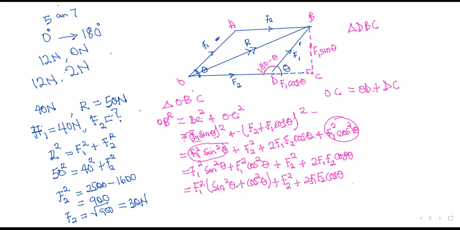Because sine squared plus cos squared is equal to 1, we have F1 squared plus F2 squared plus 2 F1 F2 cos theta. And this is OB, the resultant. Therefore, the resultant is equal to the square root of all these.